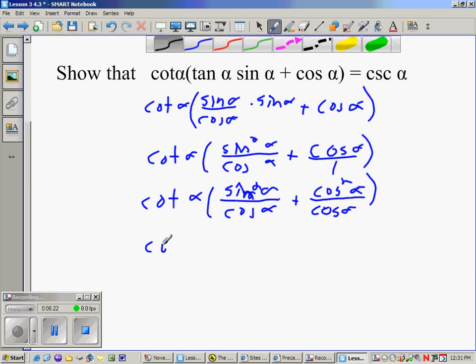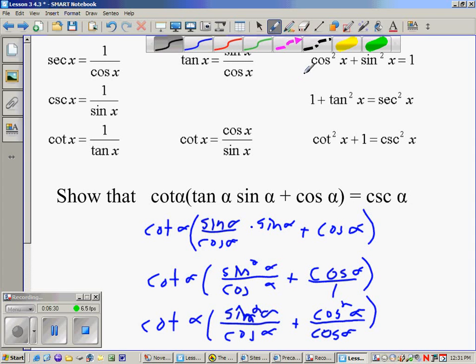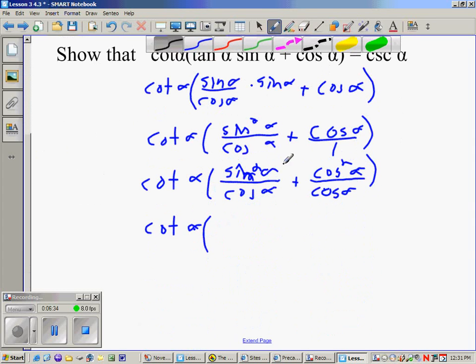Now, when I combine these, I'm going to get sine squared plus cosine squared, which if we look up at the top, sine squared plus cosine squared equals 1. So when I add those, that's just going to equal 1 over cosine alpha.